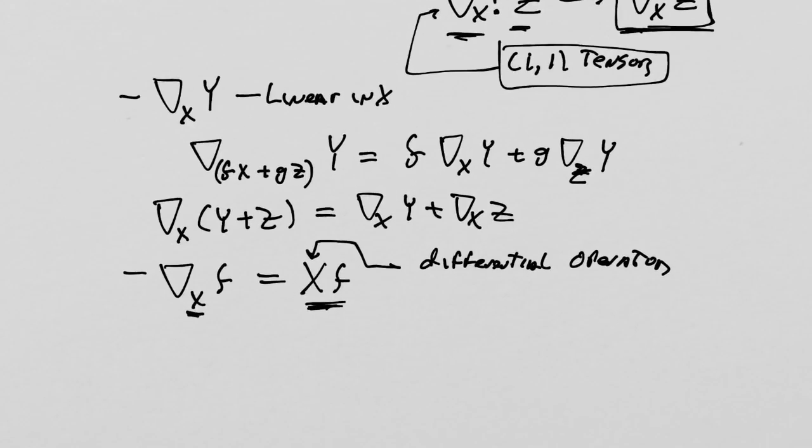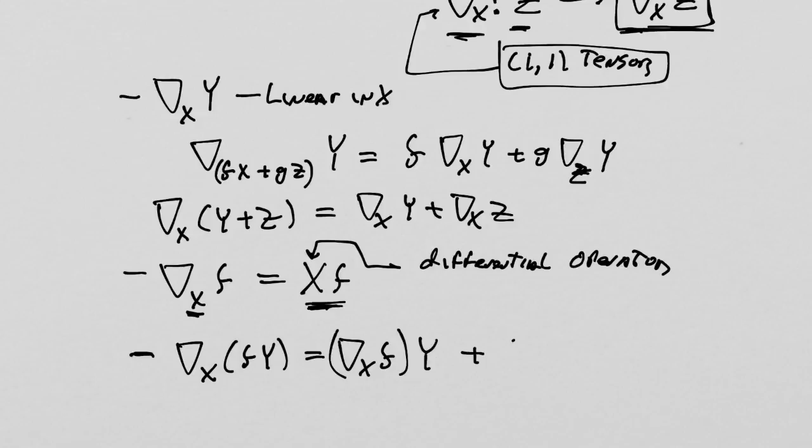And then the last one is sort of the big one, the Leibniz rule, which says that this 1-1 tensor, when it acts on a function times a vector, has got to give us the thing acting on the function times the vector plus the function with this mapping acting on the vector.